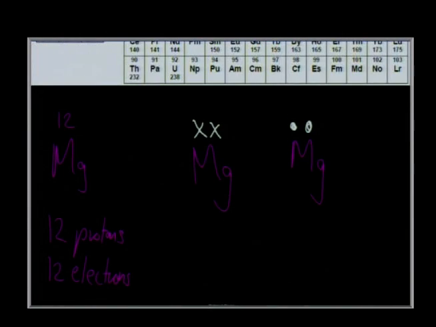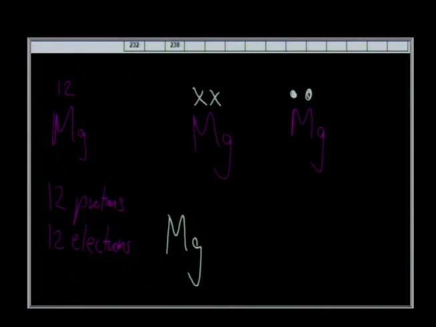So what's magnesium going to do? Magnesium, when it bonds, wants to get to be like a noble gas. So I hope you can see that what's most likely to happen is magnesium will start off with these 2 electrons, and it's going to lose those electrons. It's going to give them away.